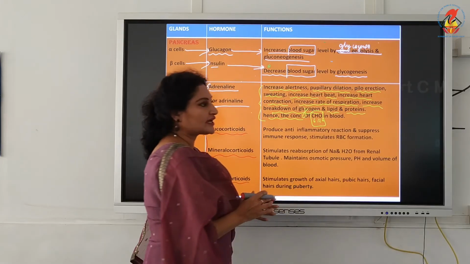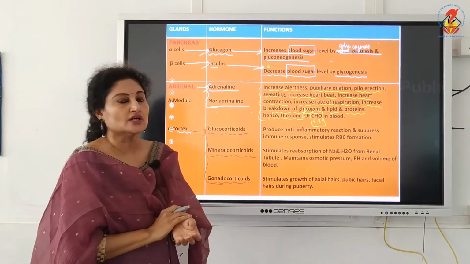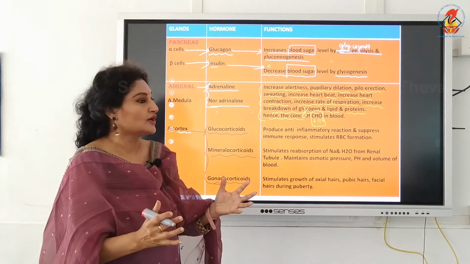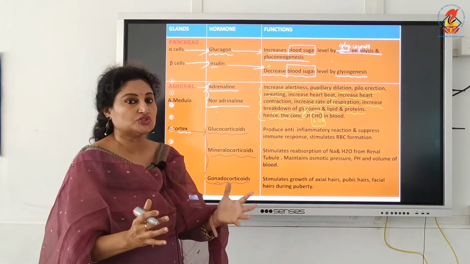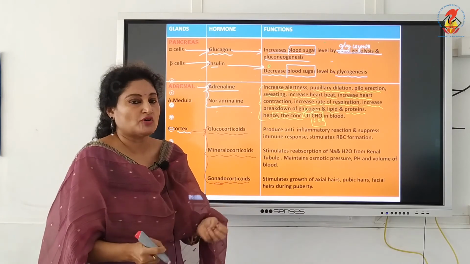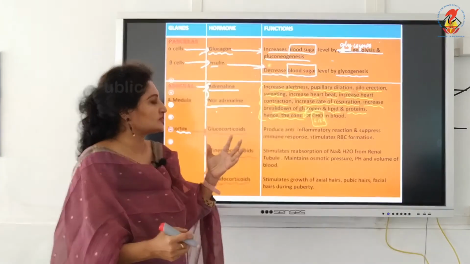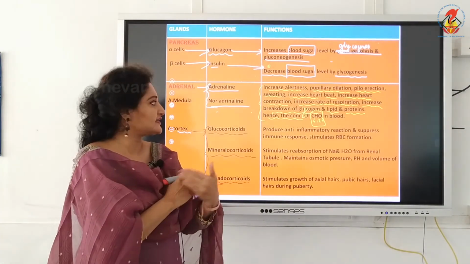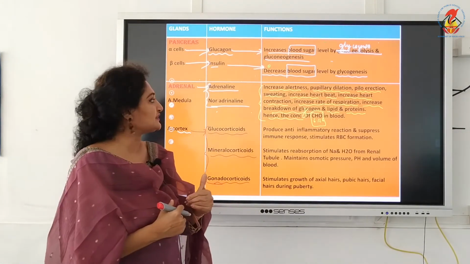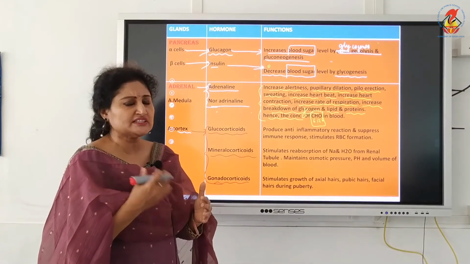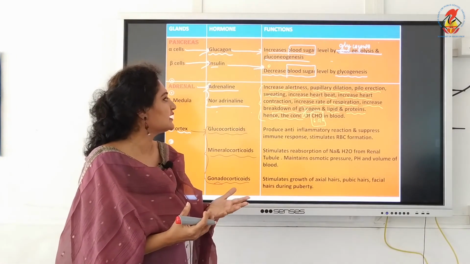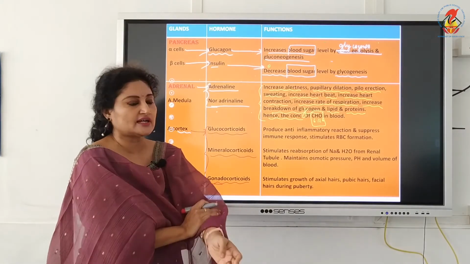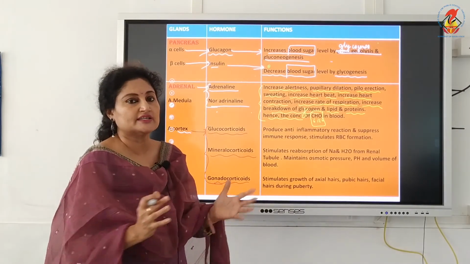At that particular time, if your blood sample is checked, there is a high glucose level in the blood, not because you are diabetic, but because you have confronted an emergency situation. At that time you are very alert, your pupils dilate, your hairs erect, you have profuse sweating, your heartbeat and breathing rhythm increase, and there is breakdown of lipids, proteins, glycogen, etc. And at that time the level of glucose is very high in your blood.